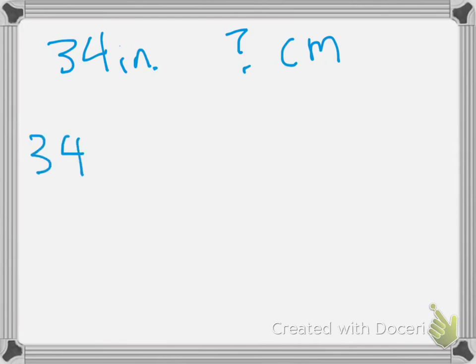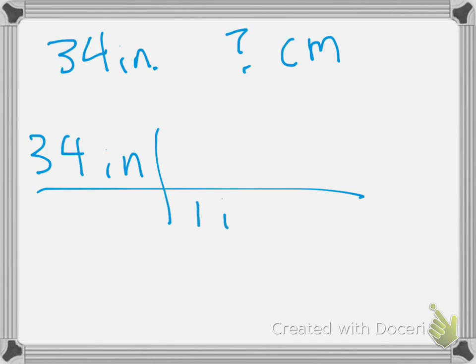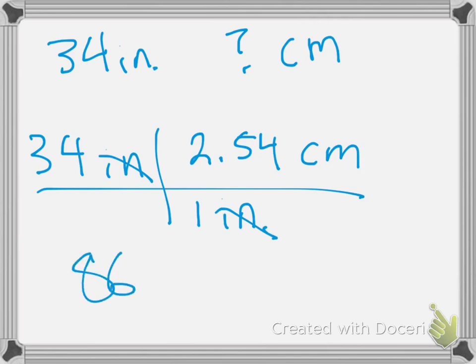But I just happen to know that for every 1 inch, there is 2.54 centimeters. So then inches cancel, we take 34 times 2.54, and it comes out to be like 86 something, I think. Okay?